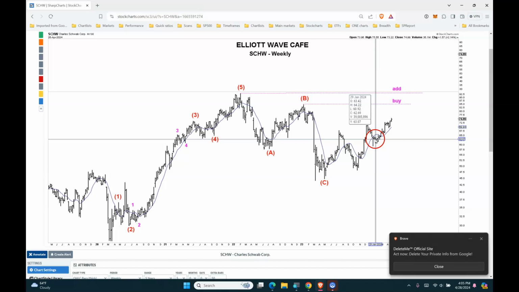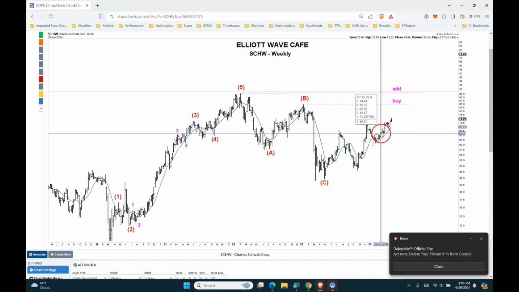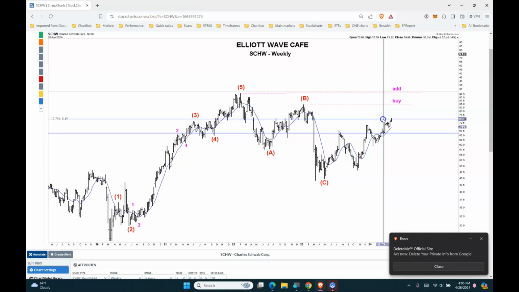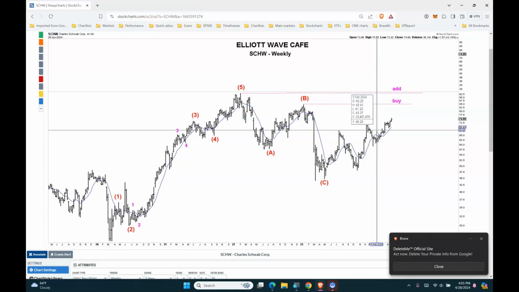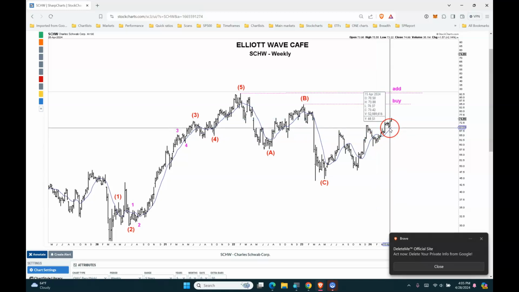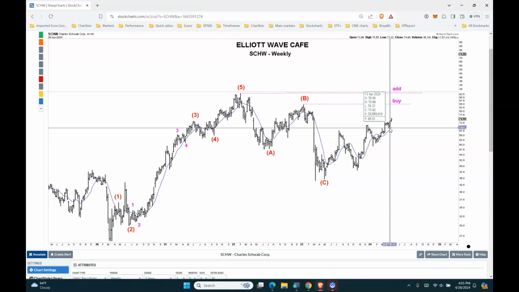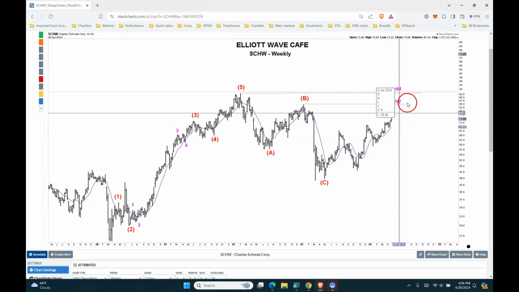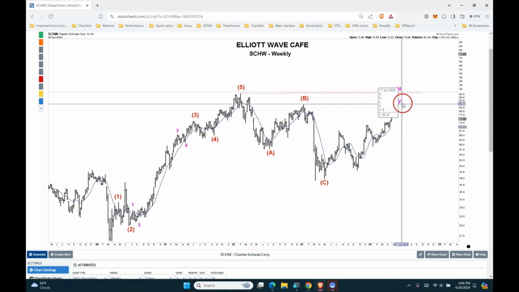Now the next stage, it is back here, right? You're closing again above that 10-week moving average, and you continue to be in the stock. Because you get it right there, and now you're roughly 12% up. You can place a stop right below this low at about 69.50 or so, below the 10-week moving average, and you're continuing to build that position.